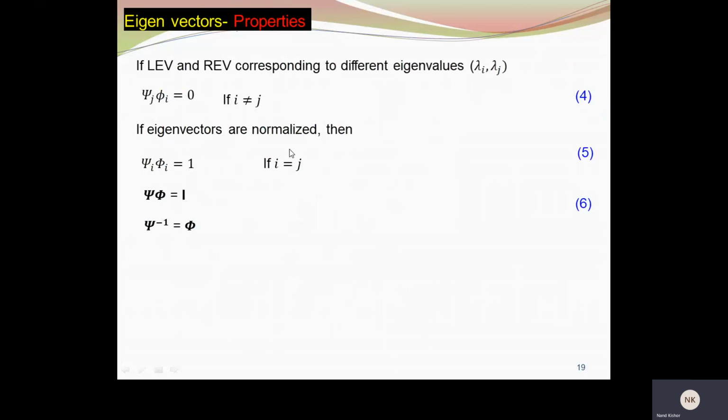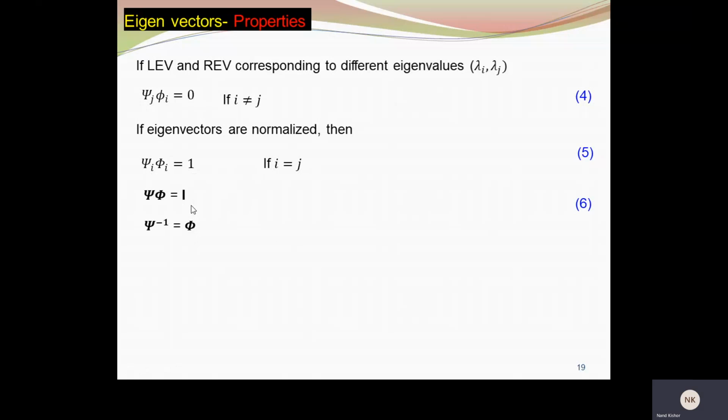Now, if the eigenvectors are normalized, then equation 5 will hold for the same eigenvalues. That means the product of the left eigenvector and the right eigenvector will be unity if they correspond to the same eigenvalue after normalization, and thus equation 6 will hold.